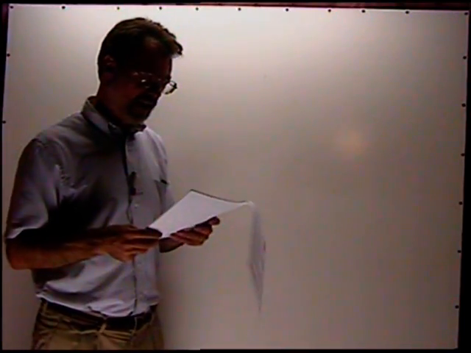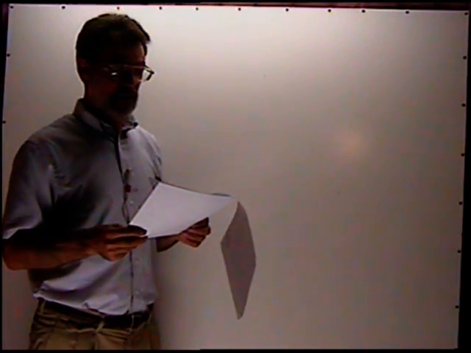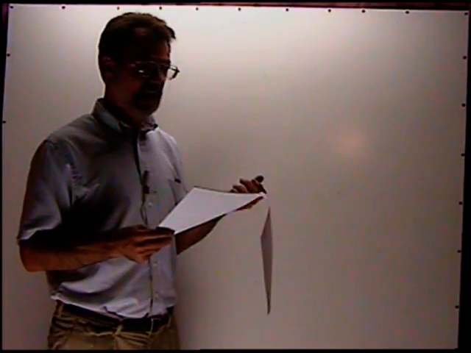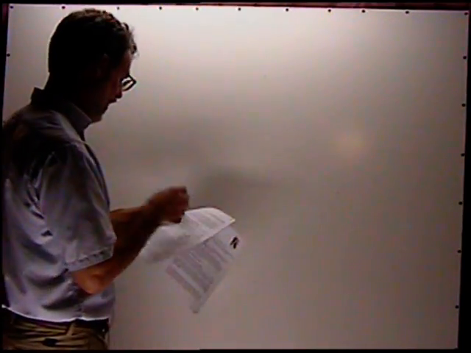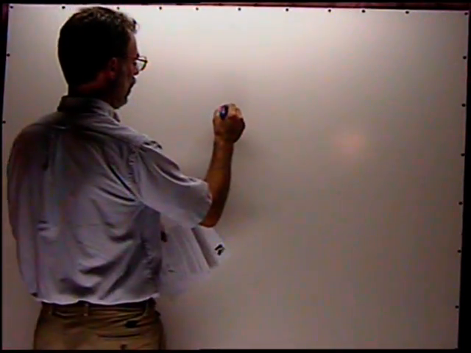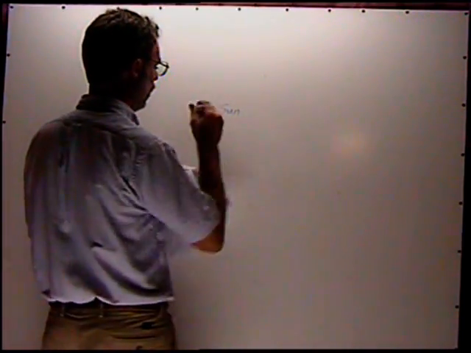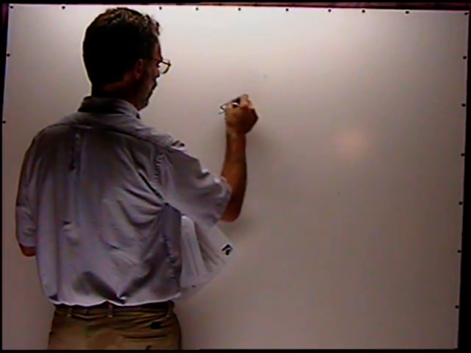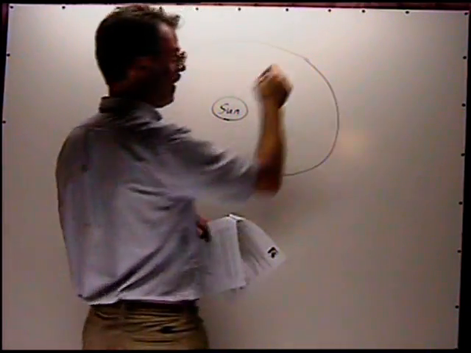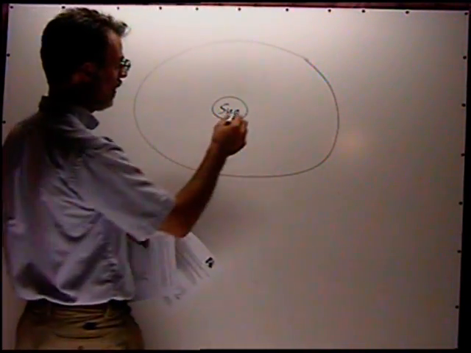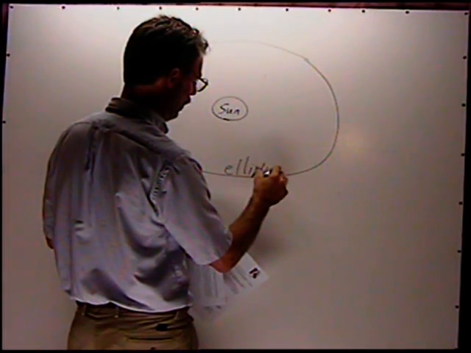And as a matter of fact, Newton was able to verify one of Kepler's ideas, one of the things that he was so famous for, the idea that if this is a sun, the planets orbit in an elliptical fashion. Now it can be circular, oftentimes they are circular, but in general it's an elliptical orbit.